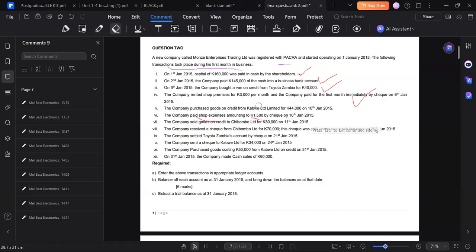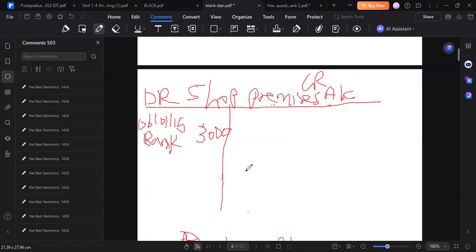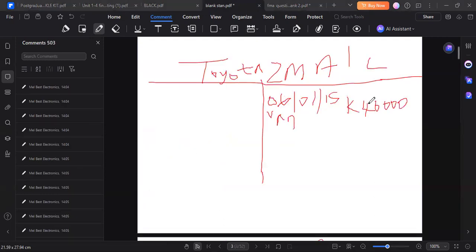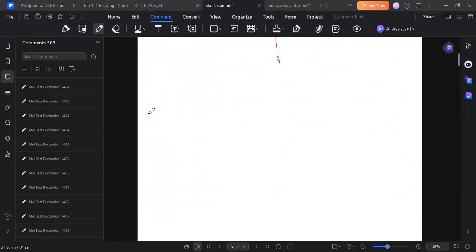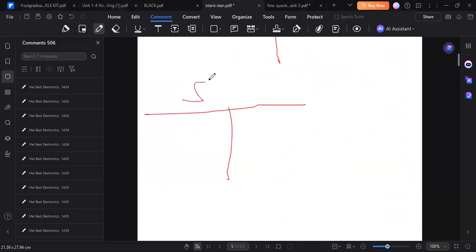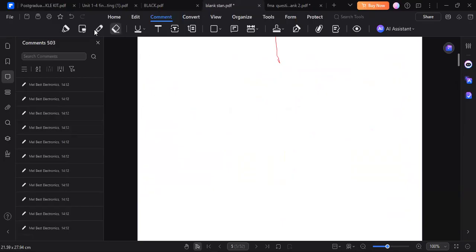So they paid for shop expenses. We'll open an account called shop expenses.